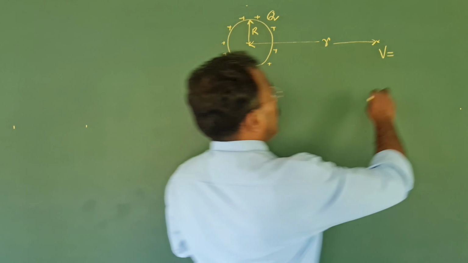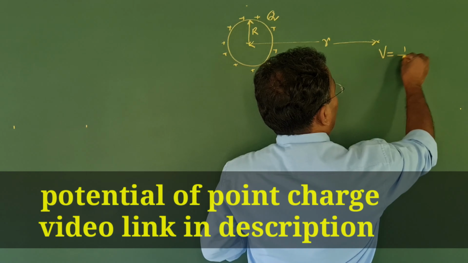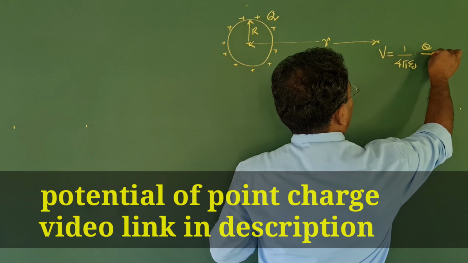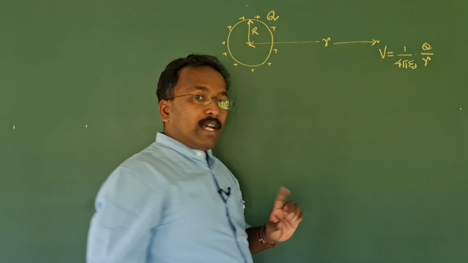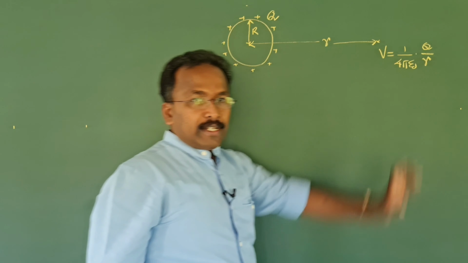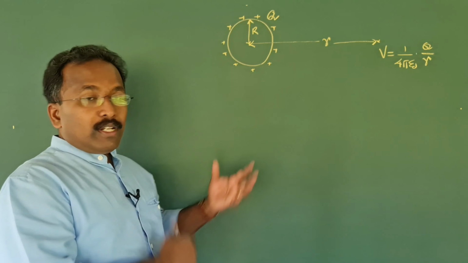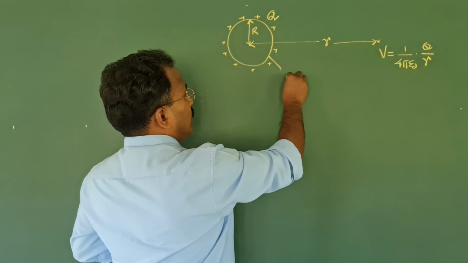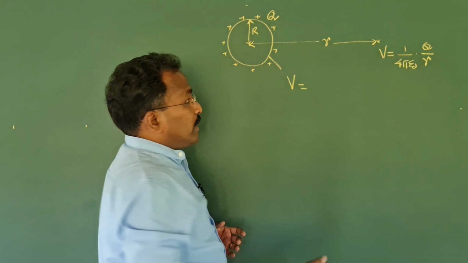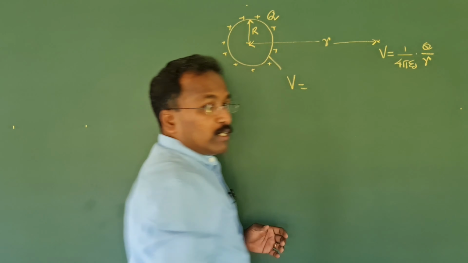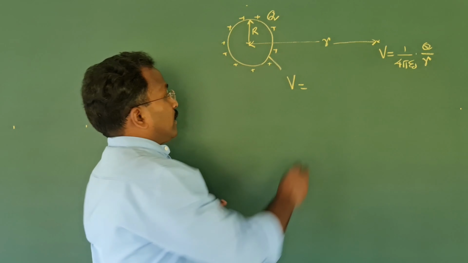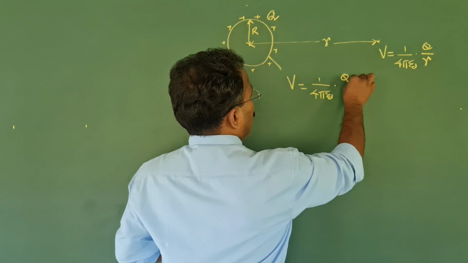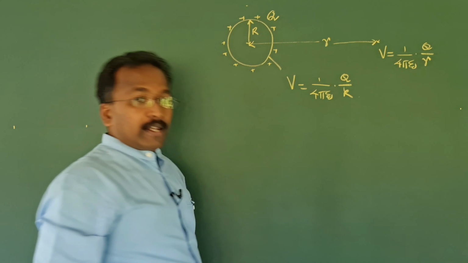So the potential here will be, can you recollect the formula? 1 by 4 pi epsilon 0 into capital Q divided by small r. So that is the potential here. If you extend that calculation to the surface points, V on the surface will be equal to, instead of small r, you will have to write the capital R. So that will be 1 by 4 pi epsilon 0 into Q divided by capital R.